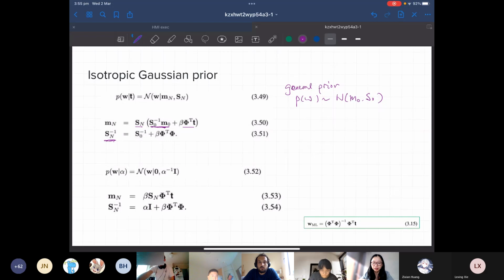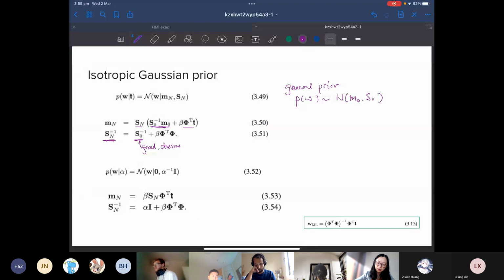So that's somewhat reasonable, right? For the covariance estimate after seeing N data points, the first term is fixed, it does not change after seeing data. And the second term is data dependent.